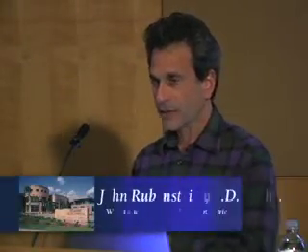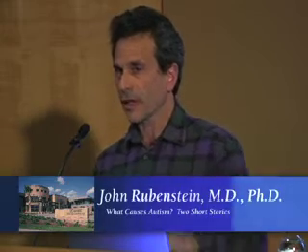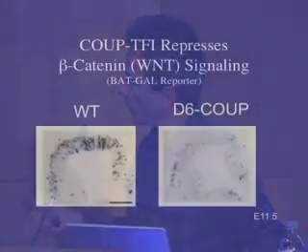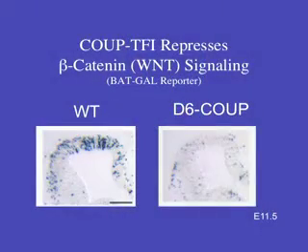So we assayed the Wnt pathway using a transgene measure of the Wnt pathway that expresses beta-galactosidase under the control of a TCF enhancer. It's called the BAT-GAL reporter. So in the wild type, you can see lots of blue cells. These are cells that are responding to the Wnt signal, whereas in the overexpression of COUP, there's a suppression of the number of cells that are responding to Wnt.